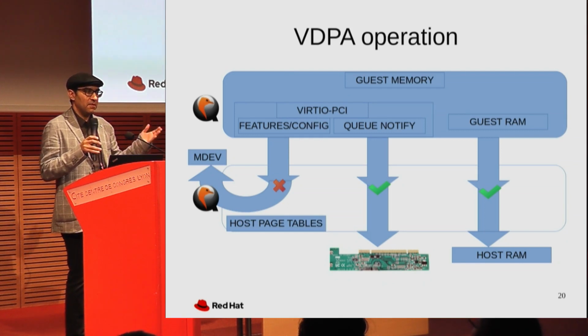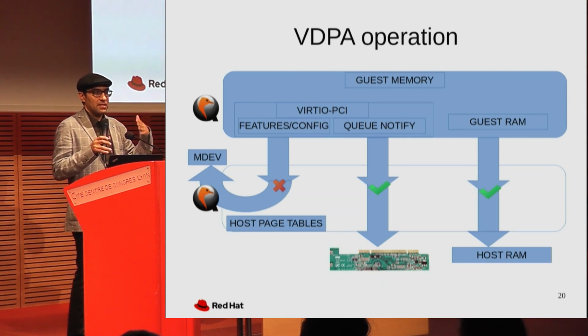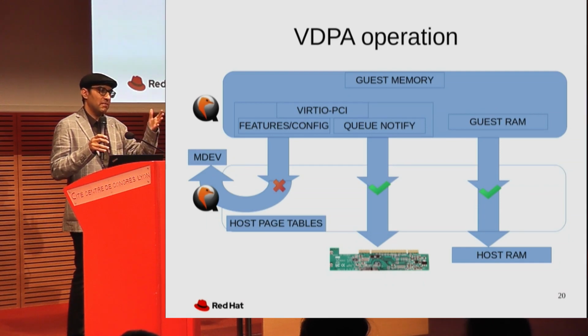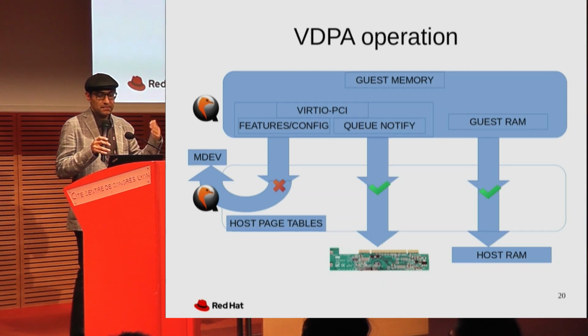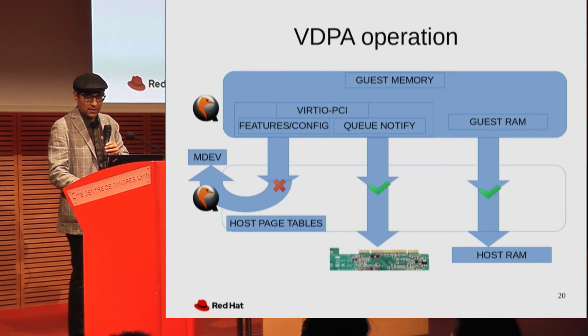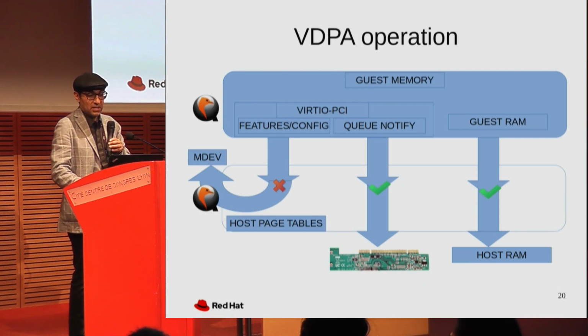And then we have the guest RAM. As I said, most of the structures are there, and they just need to be mapped in the IOMMU, made accessible to the device. And then, again, it's exactly like pass-through. You get the same performance.